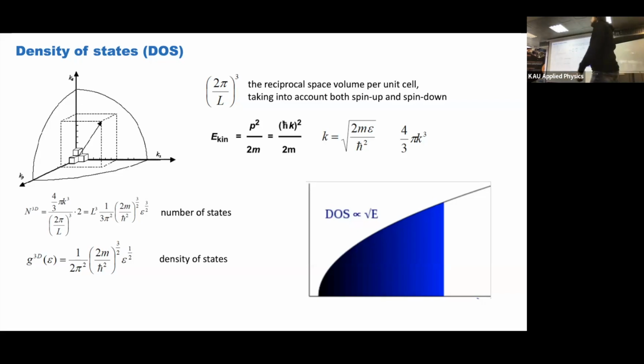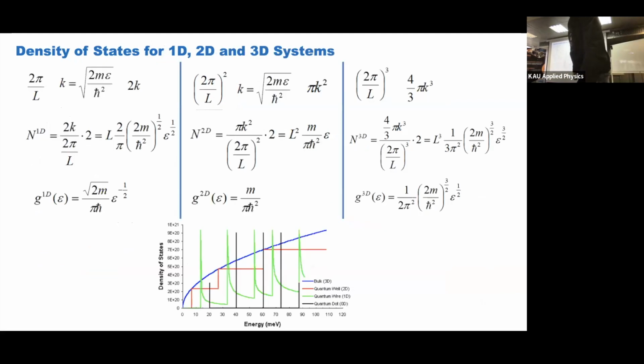For a real case, as you have seen, it's not like this. And then I can compare it with 1D, 2D, and 3D systems. Here we have the same logic. For 3D, I take the volume of the 3D state, the volume of our sphere, divide this by this, and get the number of states. Then I divide the number of states by E, because it's interesting for us to see how many states there are inside some energy interval. I divide by E and I get this formula.